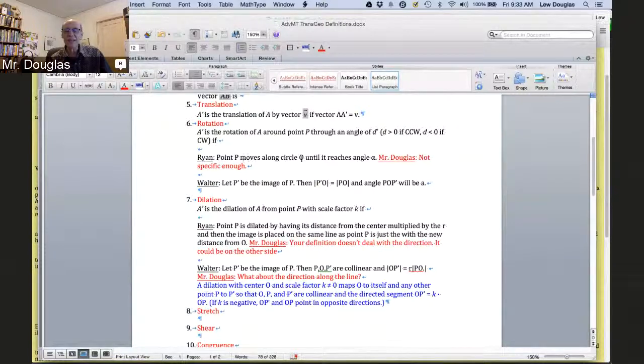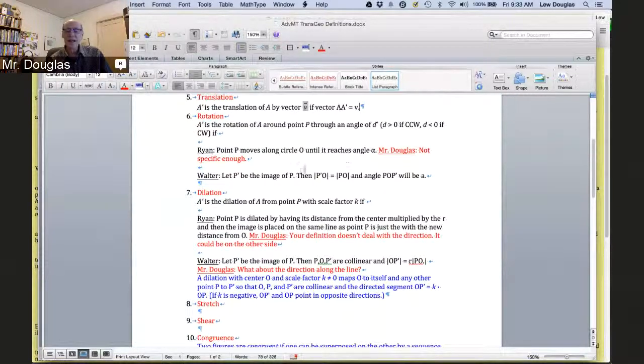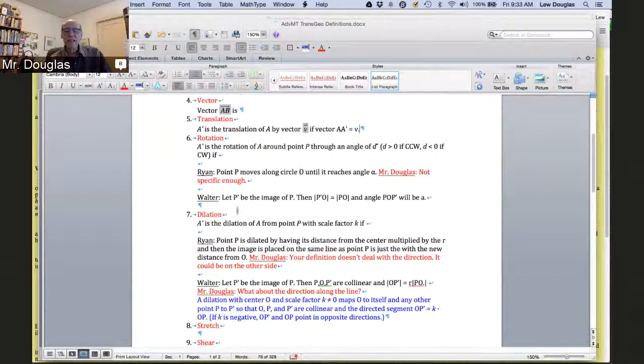Ryan said this: until it reaches angle A. I wasn't really sure what that means. And Walter said, let P prime be the image of P. Then the distances are the same, and the angle will be angle A. So in this case, I'm using D. Can we restate Walter's definition here using these letters?